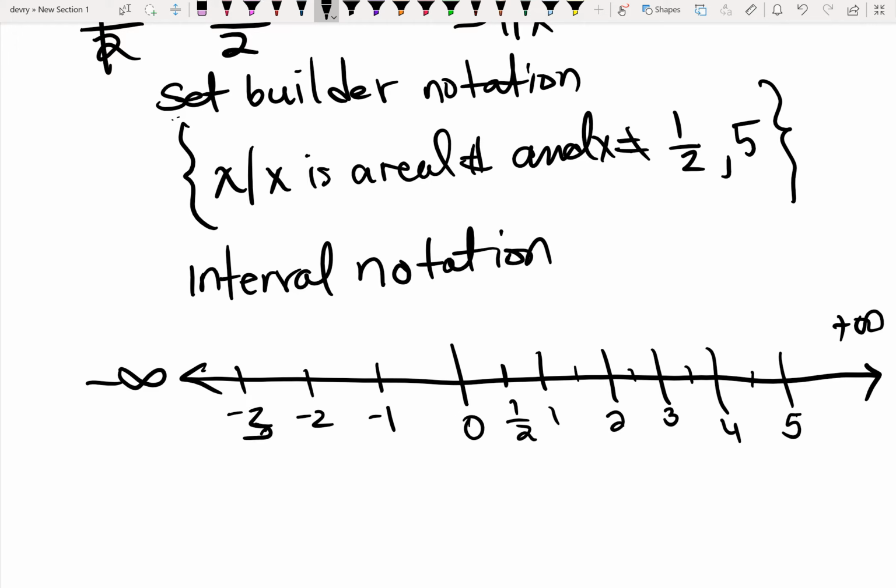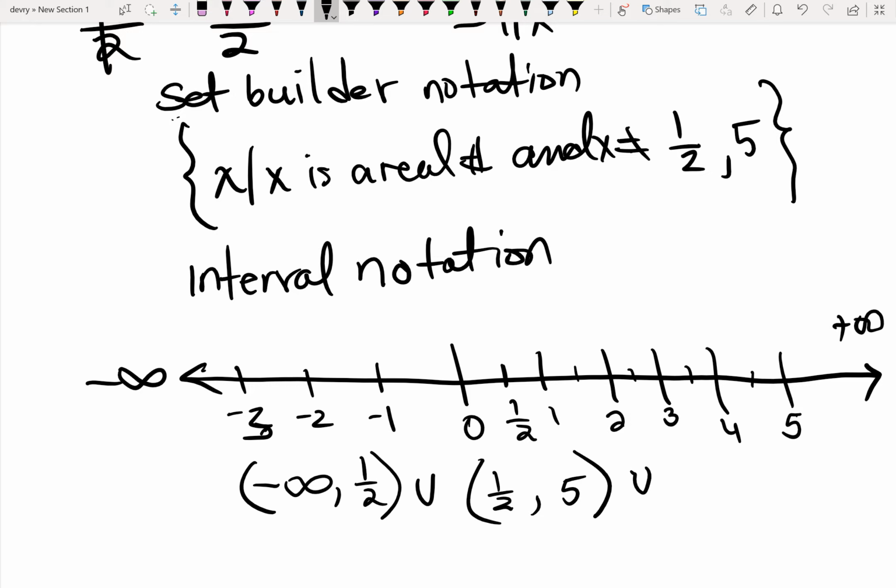Alright, and so technically, we would engulf all the negatives, so negative infinity, coming up all the way to 1/2, non-inclusive, union. Again, you would use parentheses, the 1/2, comma, up to the 5, non-inclusive, union. Again, parentheses, and then 5, comma, positive infinity, and then close it up.